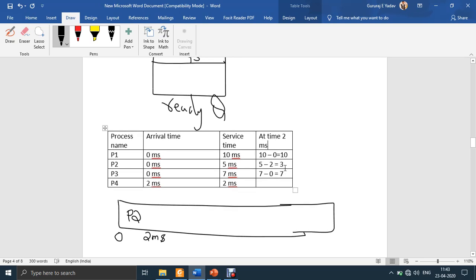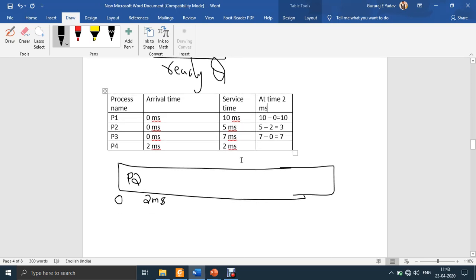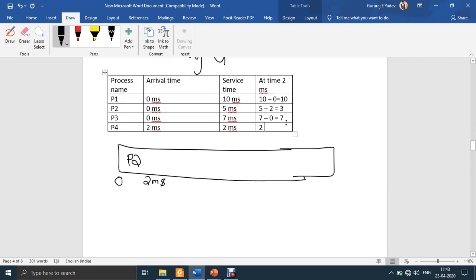What is the remaining estimated execution time? And what about P4? It has just arrived, so the estimated completion time is 2. Now, out of these, which has the minimum estimated completion time? P1 requires still 10 milliseconds.